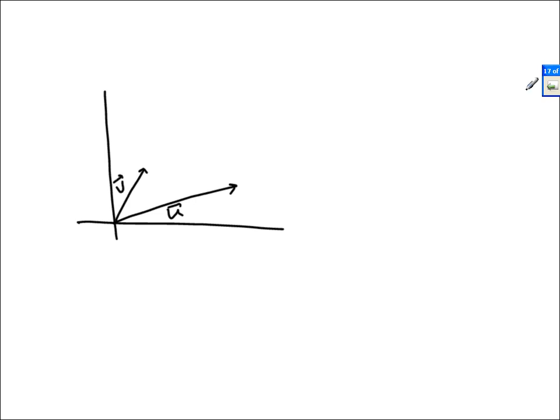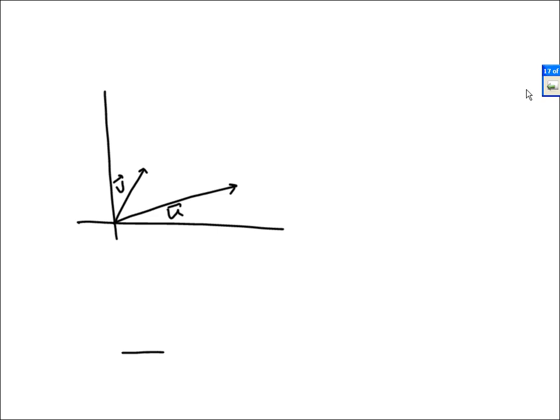Okay. Now, I'm going to talk about adding 2 vectors. Suppose you have vector u and you have vector v. You want to add them.